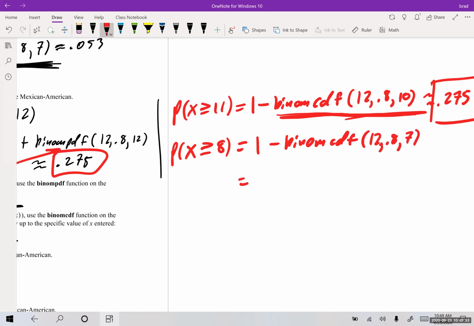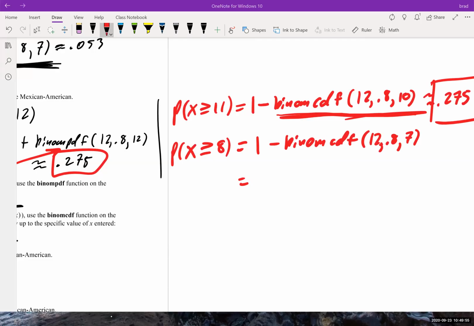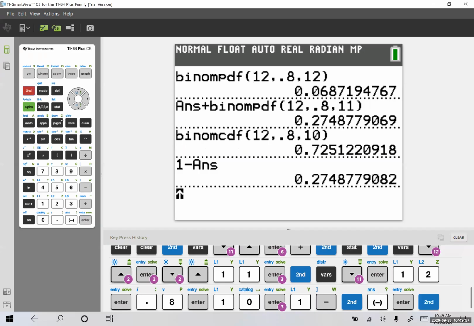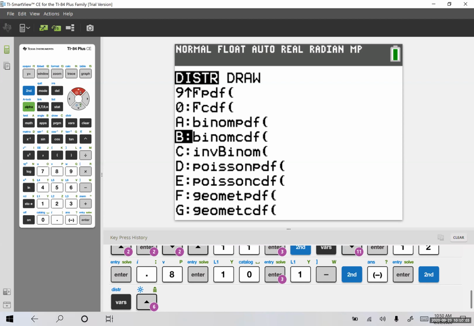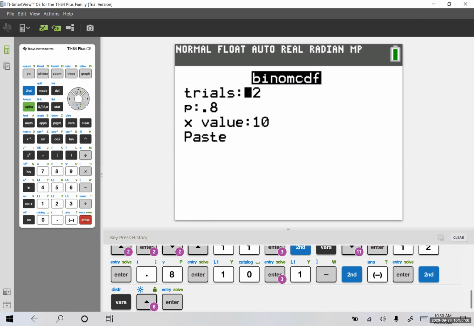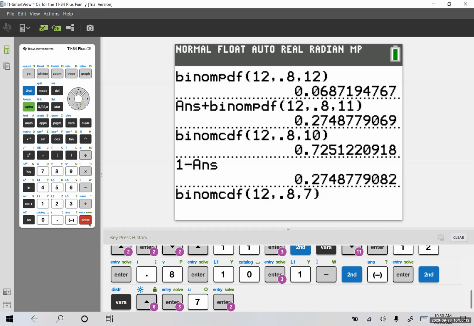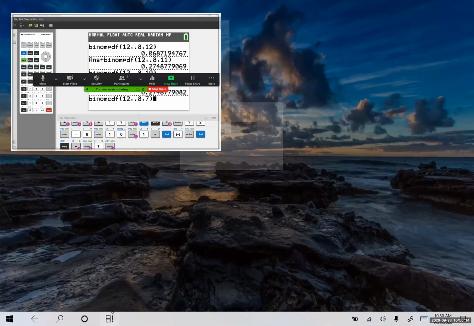So I could do second vars, where's it at? Do binomial CDF, but this time only go up to 7. Okay, that was the right one, right? I said 8.